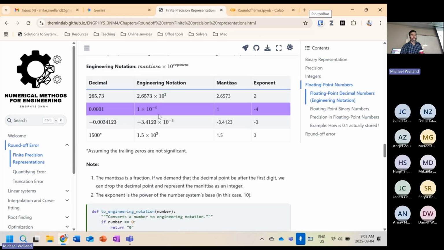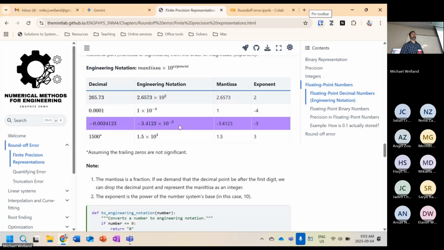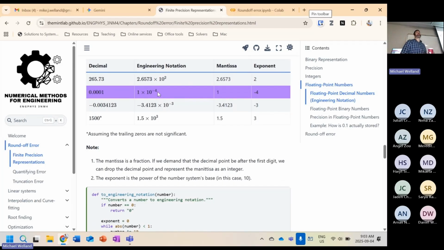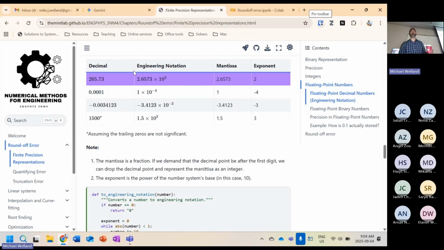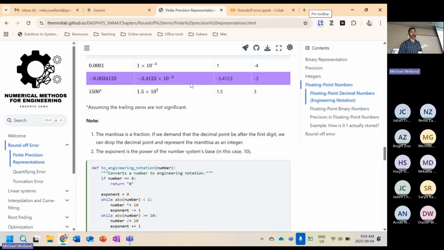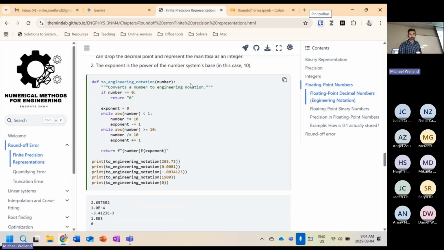Okay, what type of number is the exponent? That one's very obviously an integer, right? But the mantissa can also be made into an integer by convention. The process of doing this engineering notation, having the decimal after the first digit, means that you can assume that moving forward. You don't need to write out the decimal anymore, in the algorithm, anyway.